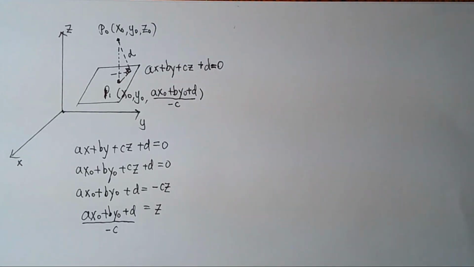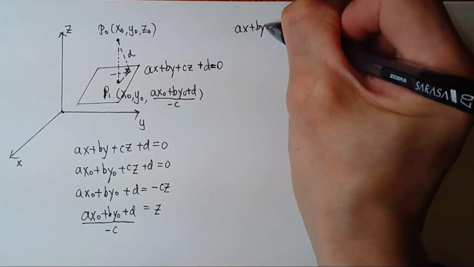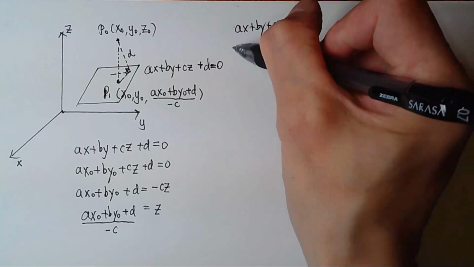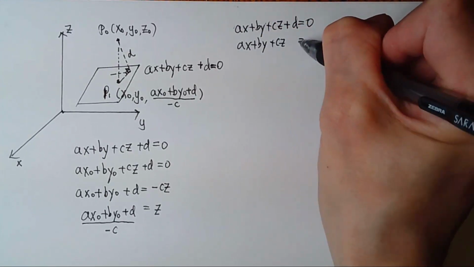All right. And now take a look at these two equations here. We have ax plus by plus cz plus d equals 0, and ax plus by plus cz equals 0.